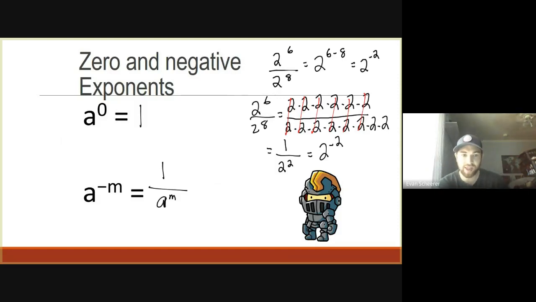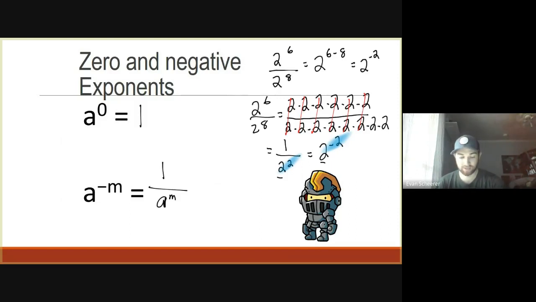So a to the negative m is equal to 1 over a to the positive m. Notice this negative 2 right here became a positive 2, and this number 2 stayed the same. You just moved it to the denominator. So put it in the denominator, change the sign. Done. That's what we will be doing today.